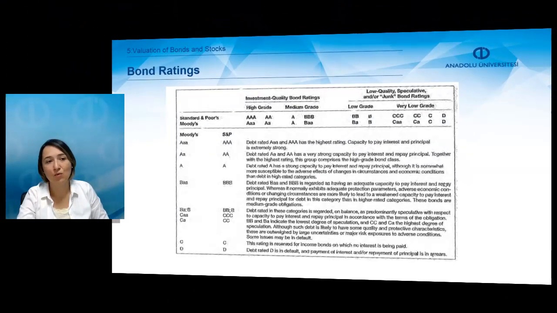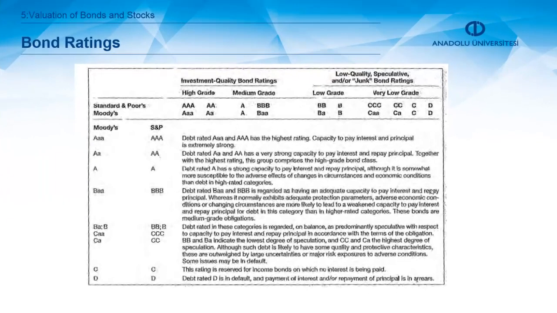Here we have another concept, that is bond ratings. Maybe you see in the newspapers or on the internet that there are some rating agencies. The biggest two is Standard & Poor's. Here we have S&P for that, and there is another agency that is Moody's.